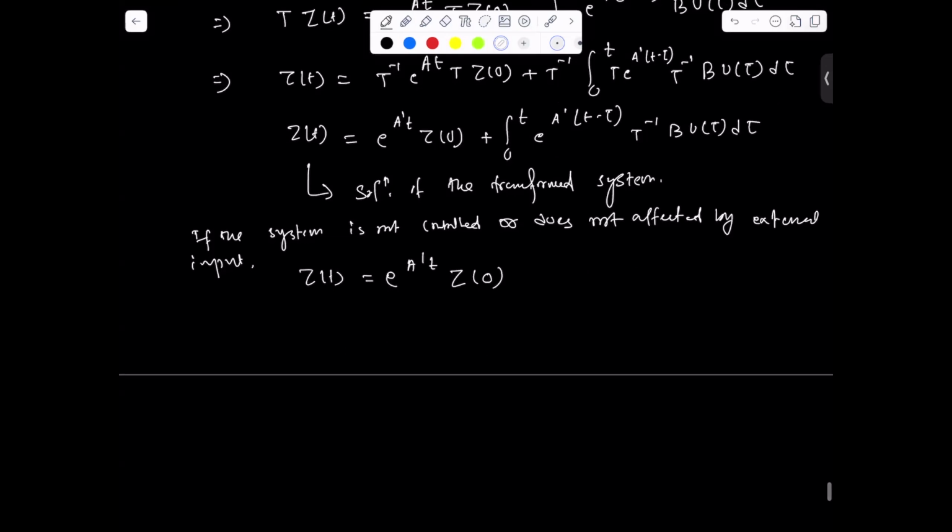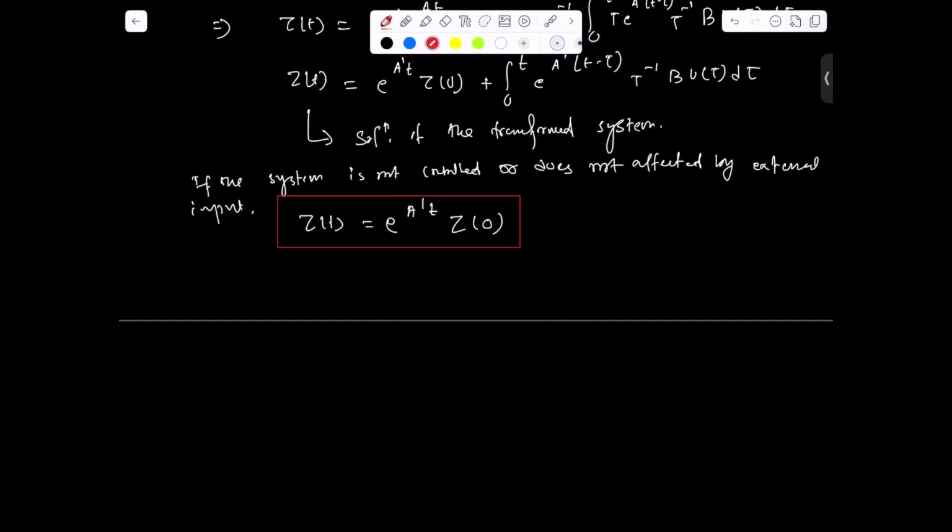And now, if you would like to get the original system solution, it is quite interesting. Here we have found the expression of z of t in the transform domain. Now, if you want to get back to the original system solution, how can you find it? It is quite easy.